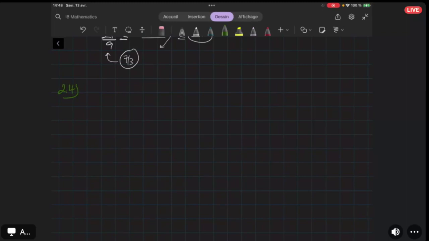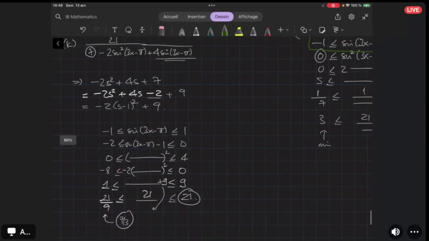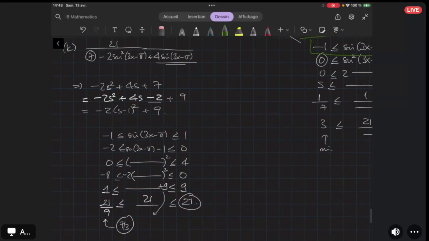Andrew. Yes. Can you go back to your working for the part before this? I don't think this is correct. Like, wait. What did you get as the lower bound? The lower bound 7 over 3. Did you get an upper bound?